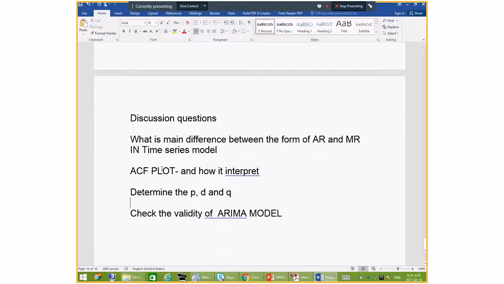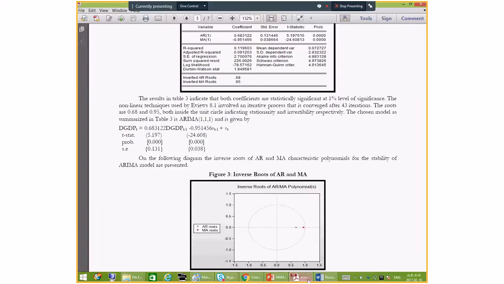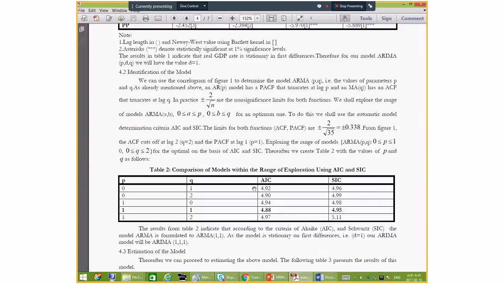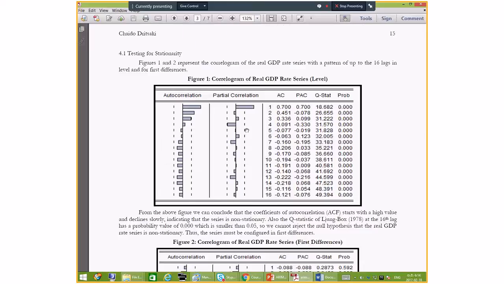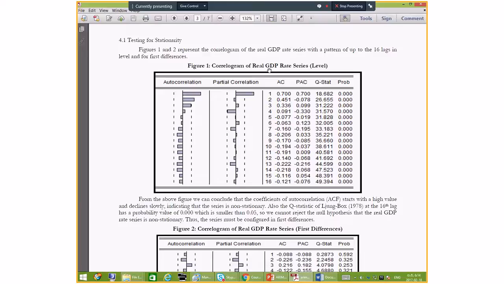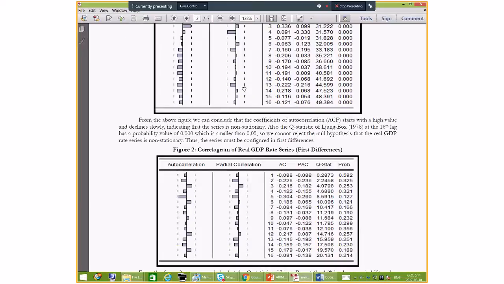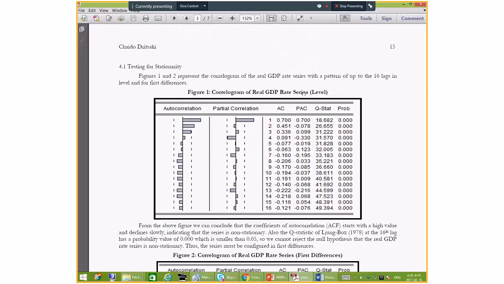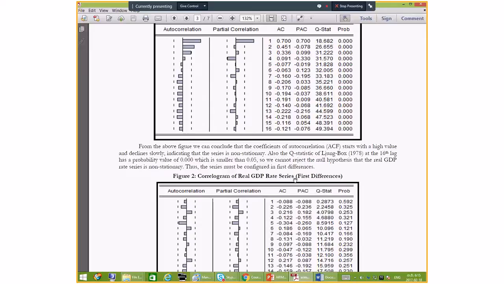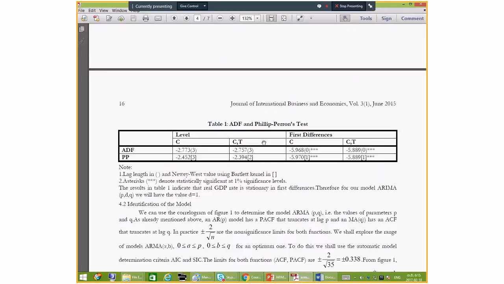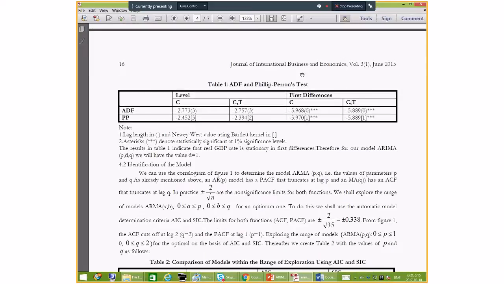For this purpose, follow the Box-Jenkins methodology, keeping this article with you, and first analyze the correlogram for the levels. Here is the correlogram test for the levels, the correlogram test for the first differences, and the augmented Dickey-Fuller test and Phillips-Perron test. These are the summary of the results, not the EViews results directly.